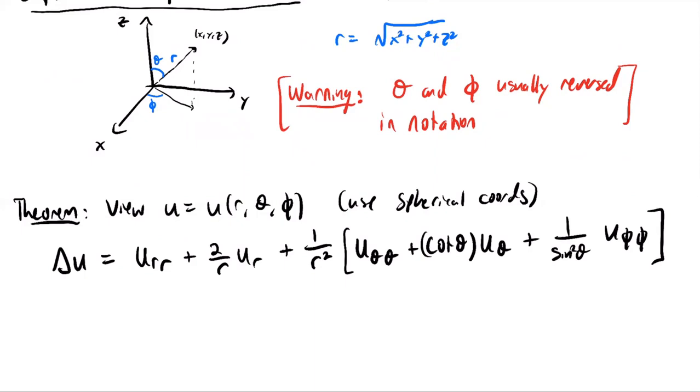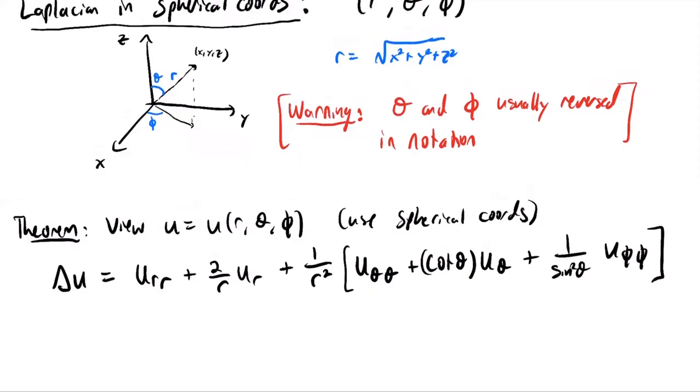This can similarly be proved using the coordinate method, in particular using the chain rule to calculate what the partial derivative operators with respect to x, y, and z look like in terms of r, theta, and phi. Once again, it's an even longer calculation, which we're going to omit from the lecture, although it's very similar to the arguments we've seen earlier today and earlier in the class. You can look this up in the textbook as well.